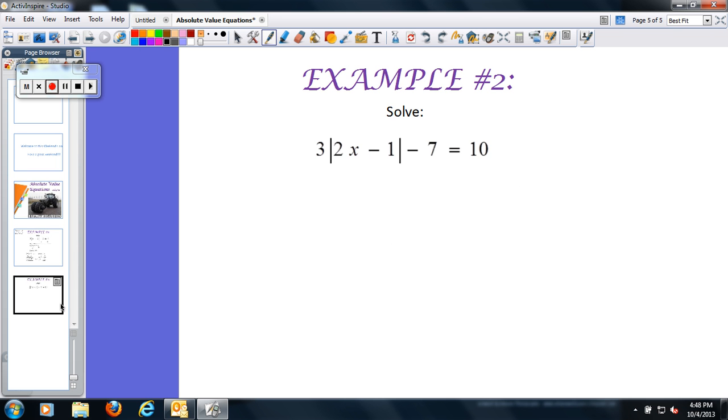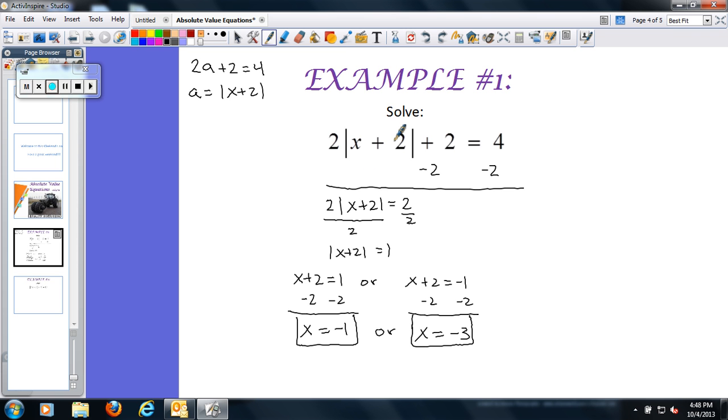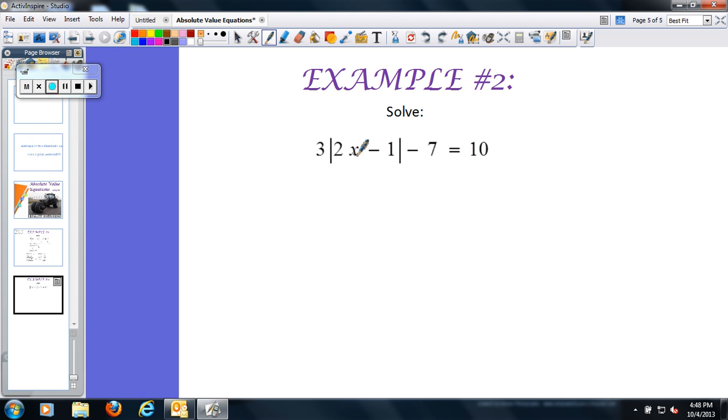Now let's go ahead and do one more. On the first one, I had one step inside and two things to deal with outside. Now I've got two things outside and two things inside. This does not make it any harder. It's the same process. I have to get rid of what's outside first, so I have to get rid of the minus 7 first.